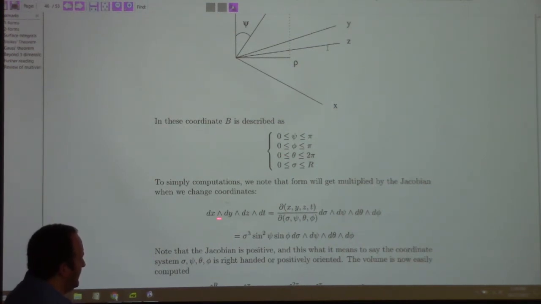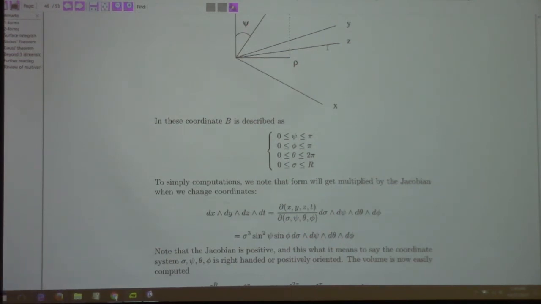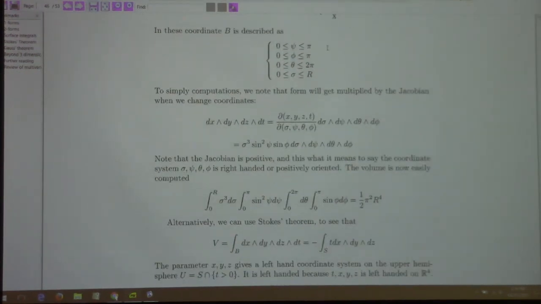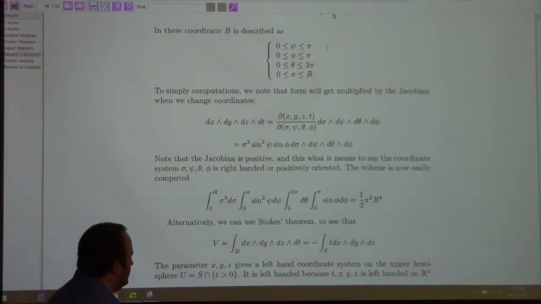When you pull back under this coordinate system, you get sigma cubed sine squared psi sine phi d sigma wedge d psi wedge d theta wedge d phi. Then you integrate that over the appropriate ranges, and there you go. That's the volume of the sphere in 4 dimensions, the 4-volume enclosed by the S3: one half pi squared r to the 4th.